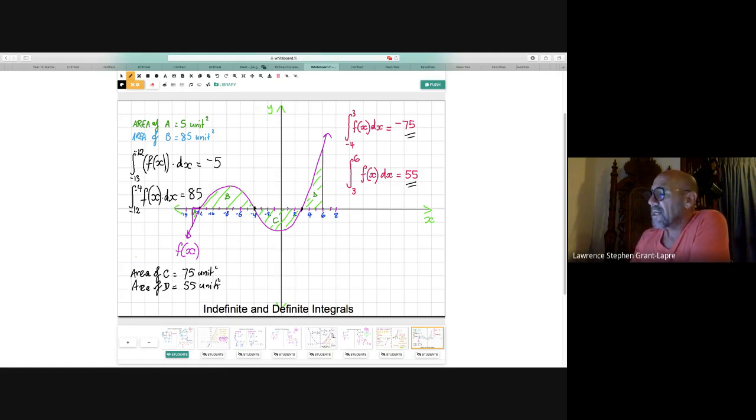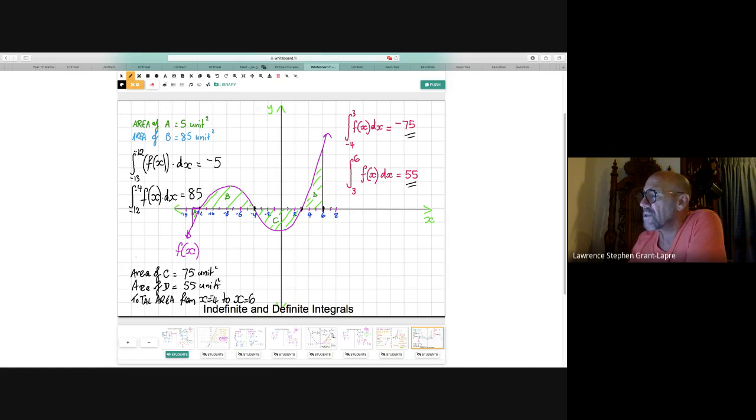All right, here's a clever question. What if I ask you, what's the total area from x is -4 to x is 6? What is the area between the curve and the x-axis between -4 and 6?